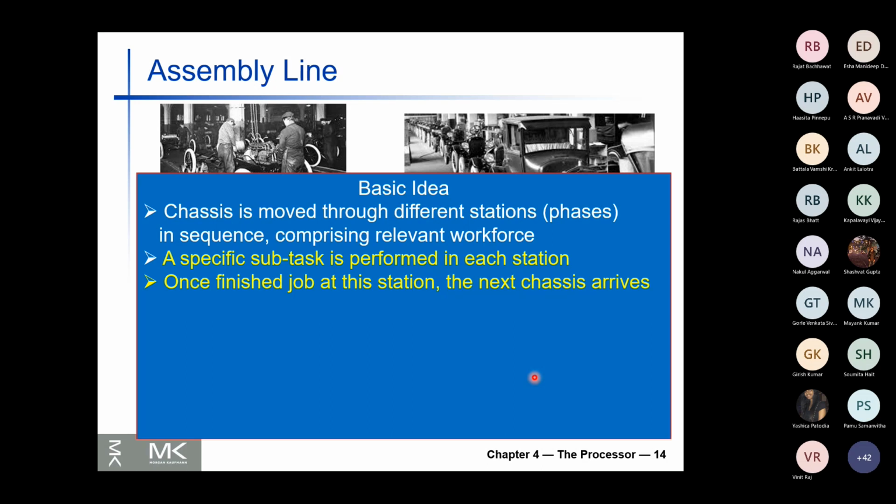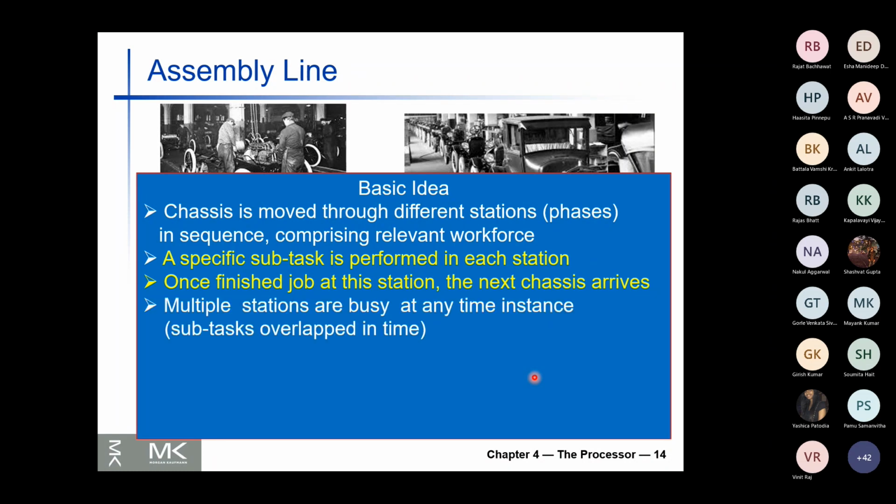Once the job is finished in this station, it leaves the station and goes to the next station, and another chassis arrives in the previous station. So as you can see, multiple stations are busy at any time instance. Subtasks are overlapped in time.